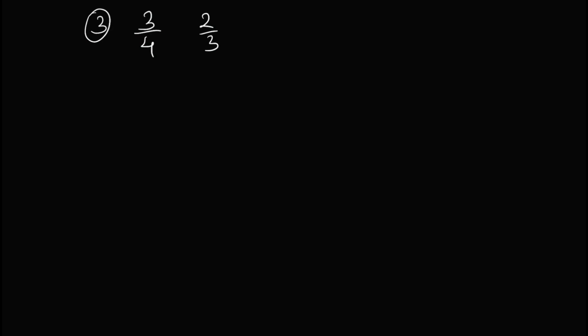First, you can convert each fraction into a decimal and compare that way. Second, you can get a common denominator and then compare the numerators of the two fractions. And third, you can cross multiply.